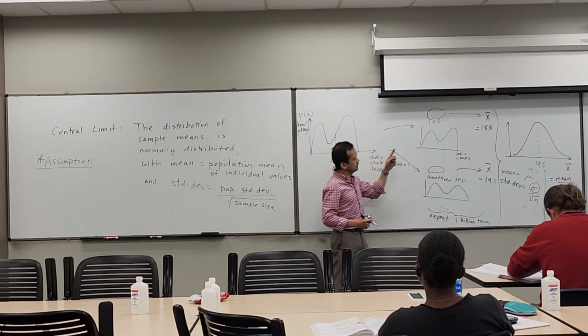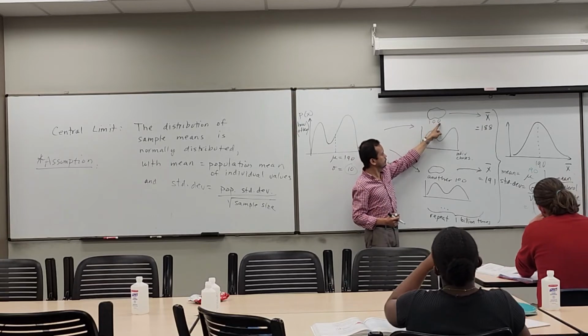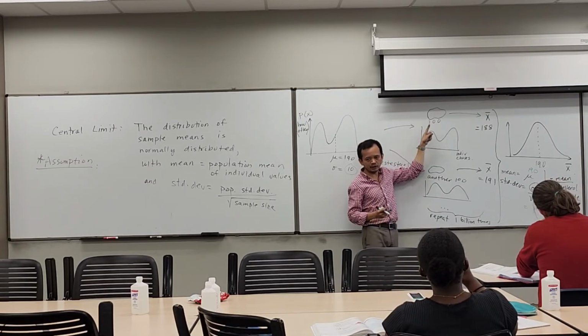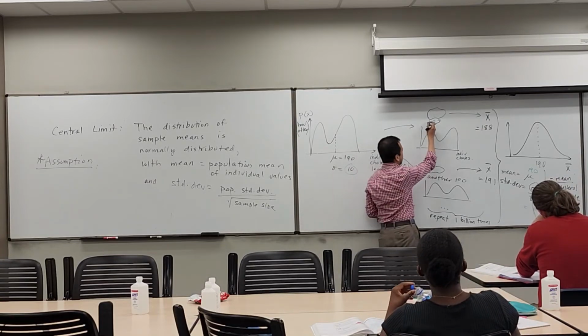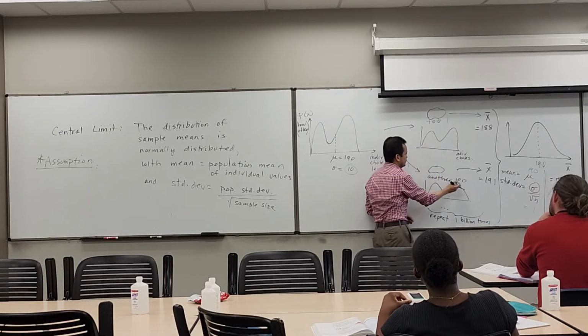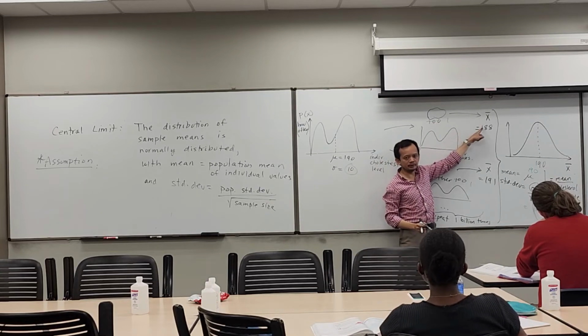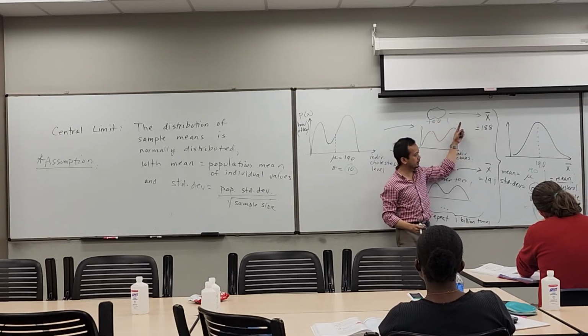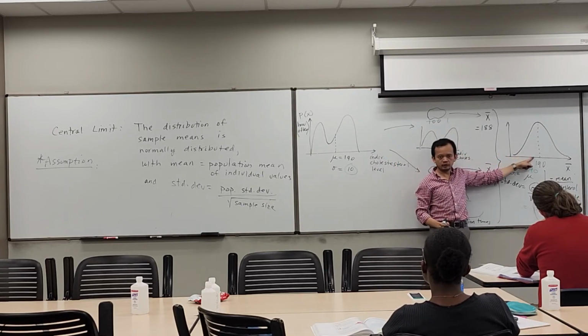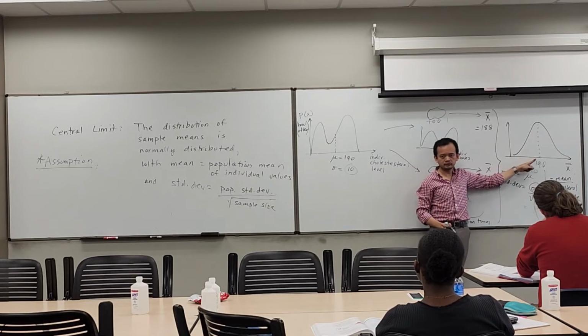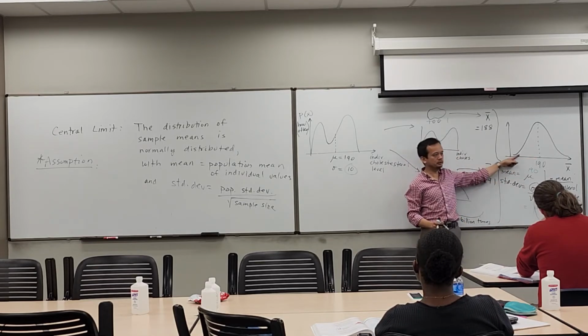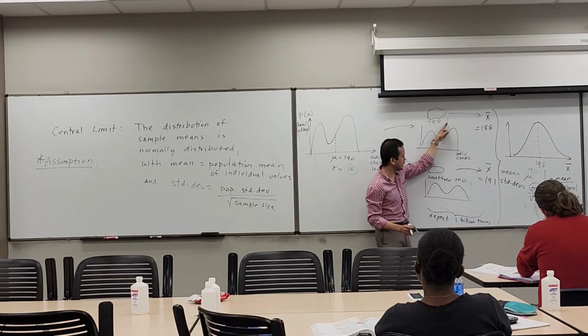But let's say that for each sample, instead of a size of 100, you only have a size of 1 for our sample. Then if we take the sample mean, that sample mean will be that original value. And if we take the distribution of all the original values, do we end up with a bell curve? No. So what shape should we end up with if each sample size was 1?